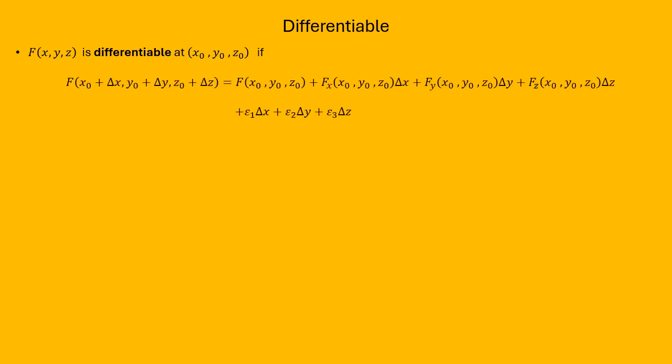So let's talk about differentiable functions of several variables. A function F of x, y, z is differentiable at the point x naught, y naught, z naught if the following equation holds.